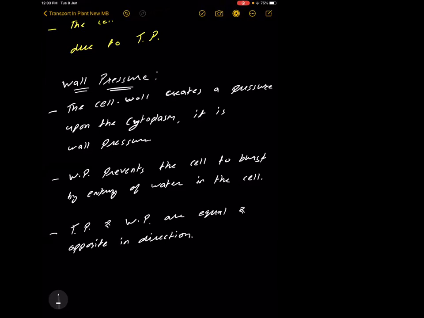If the turgor pressure is high, the cell becomes turgid. In other words, the turgid cell has maximum turgor pressure. And if the cell is flaccid, it means no turgor pressure. Or you can say a plasmolyzed cell. So a plasmolyzed cell or flaccid cell has zero turgor pressure.